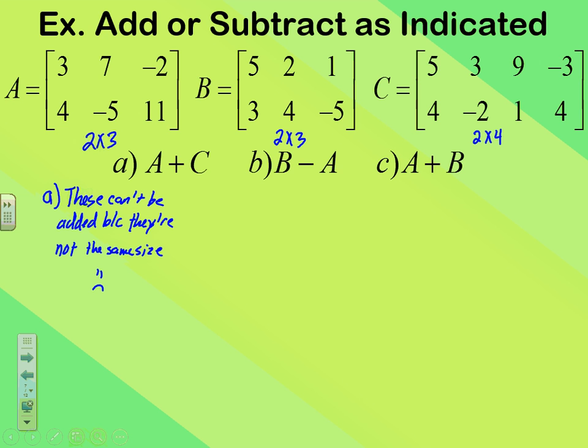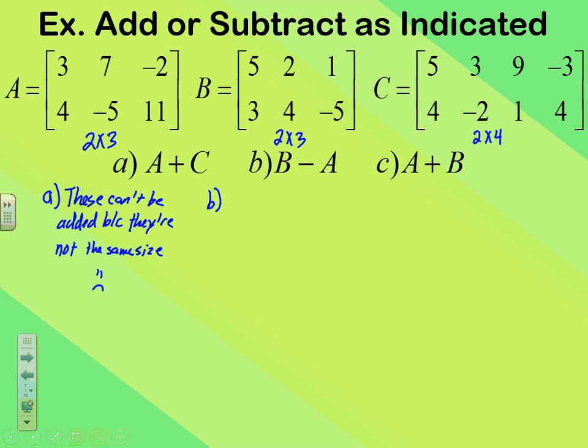All right, so let's look at question choice B here, where we're saying matrix B minus matrix A. They're both 2 by 3 matrices, so that means we can go ahead and subtract them from each other. I'm going to write them in the order that they're presented to us.